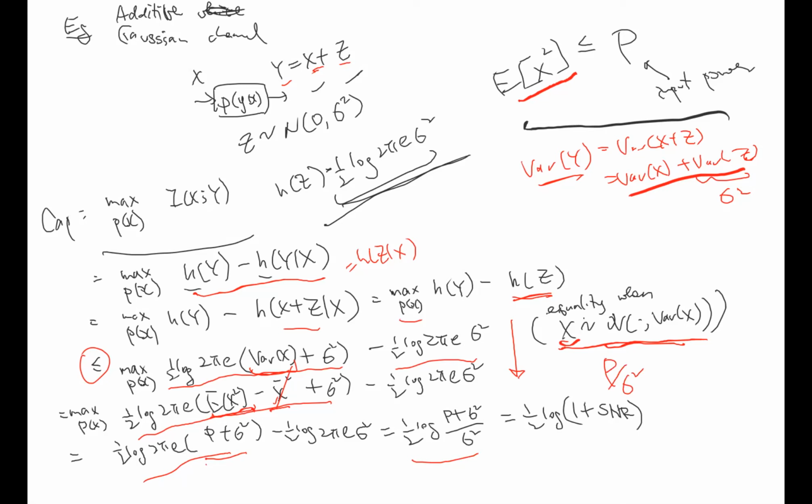And by the way, for the band-limited channel, I guess that's the formula you have all seen before. For the additive white Gaussian noise channel, let's say the bandwidth is W and the two-sided noise spectrum is N0 over 2.